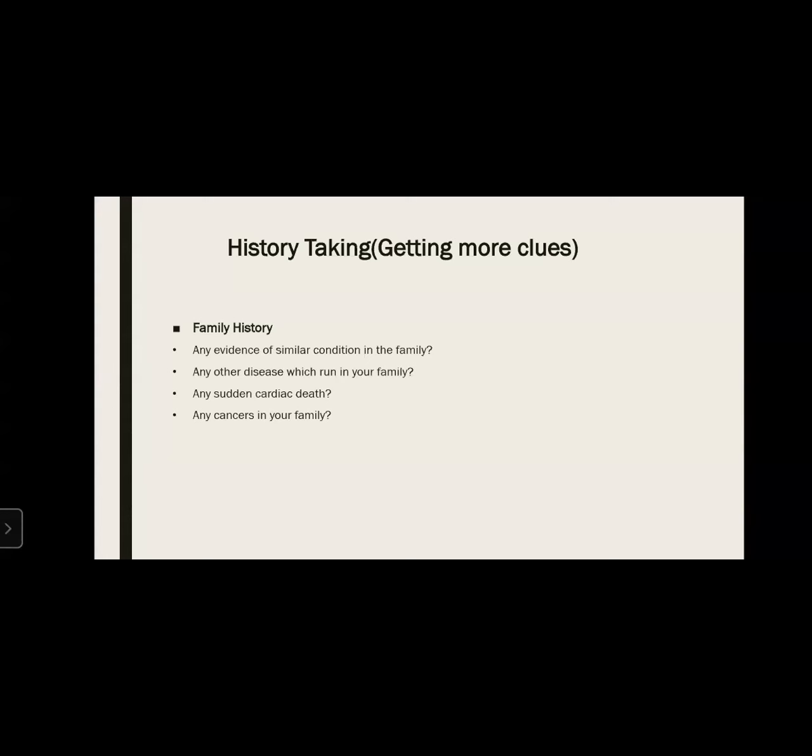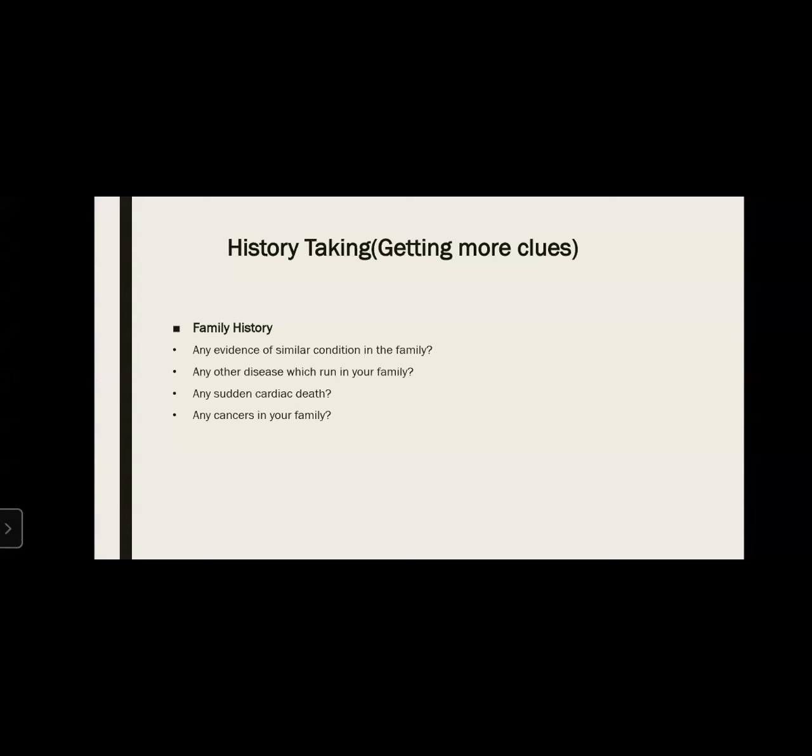There is also a mnemonic, that is FOSS. F for family history, O for ops history, S for sexual history, S for social history. So in the family history, you need to ask any evidence of similar condition in the family. I am having flu, I am having COVID, my wife is also having COVID.